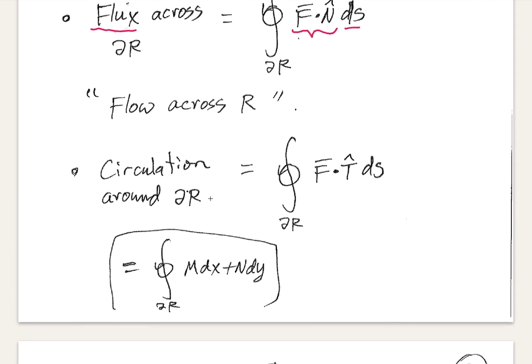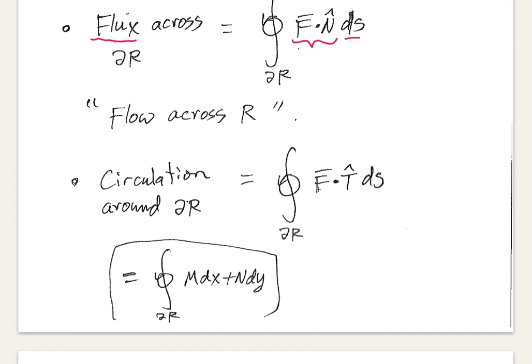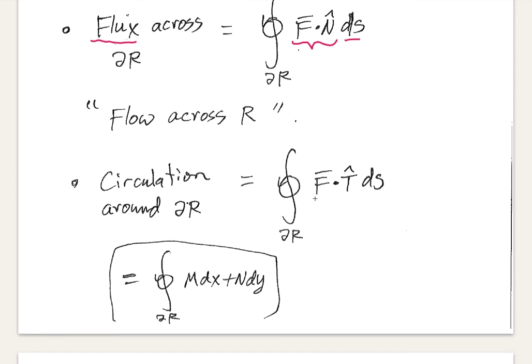This is sometimes called circulation around the boundary, where we consider the part of f that is tangential and integrate that all around the boundary of the region, and that's this guy, M dx plus N dy.